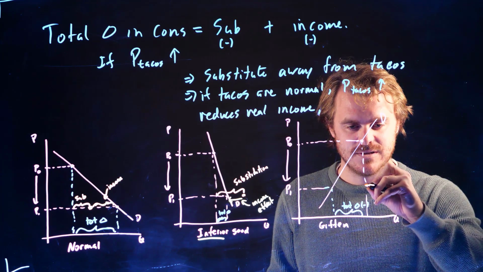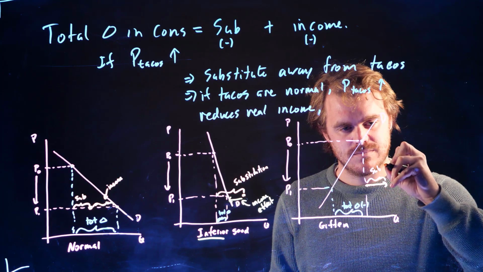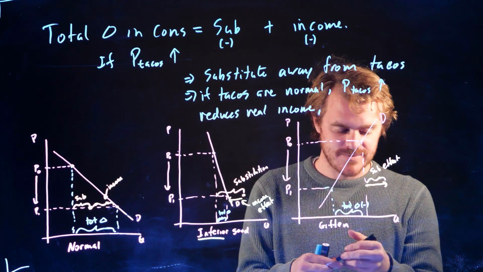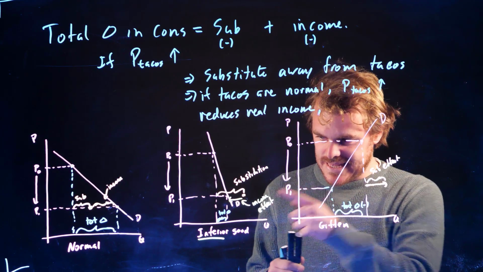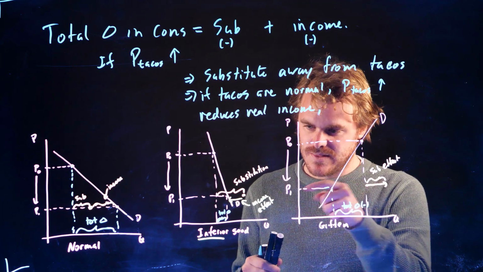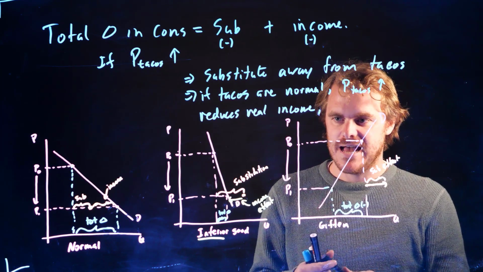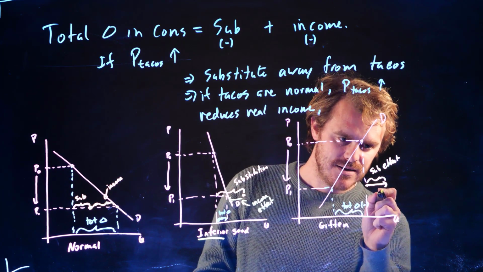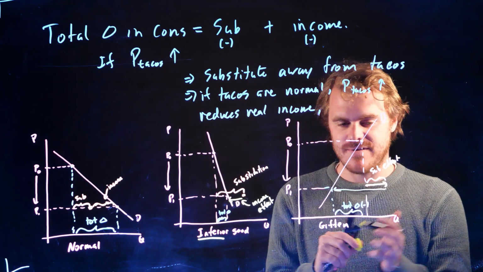So we're definitely going to purchase more of it from the substitution effect. The thing is here that it's an inferior good where the income effect is bigger than this substitution effect. And here the income is going down. It's an inferior good, so we're going to go all the way down here, and this is what the income effect is here.